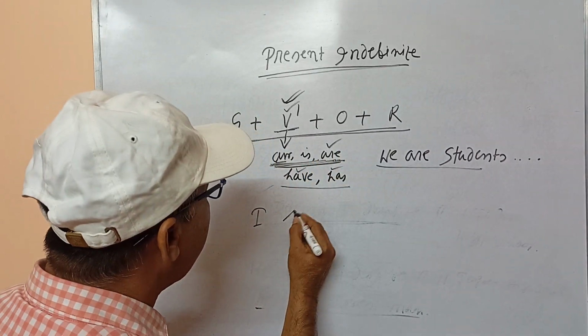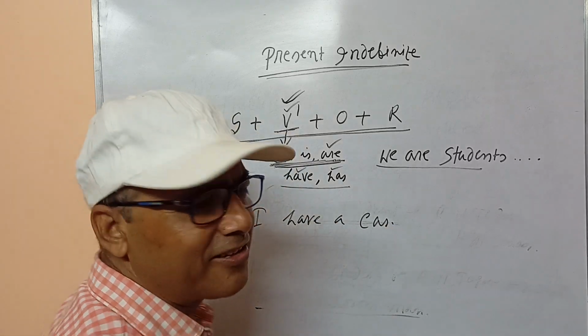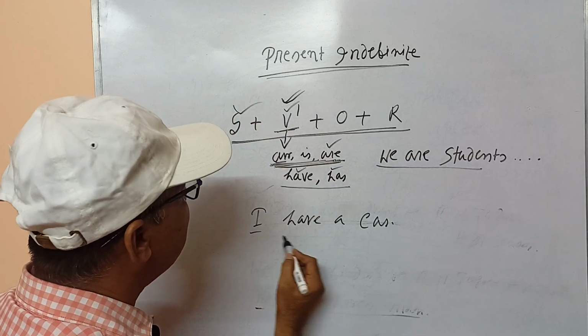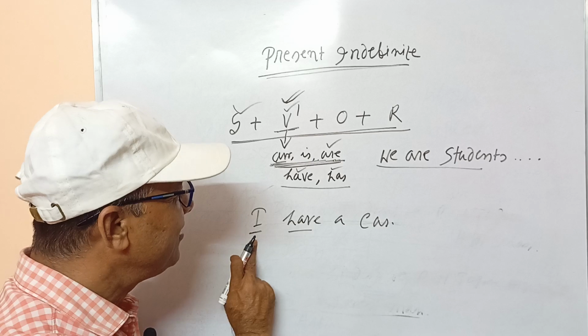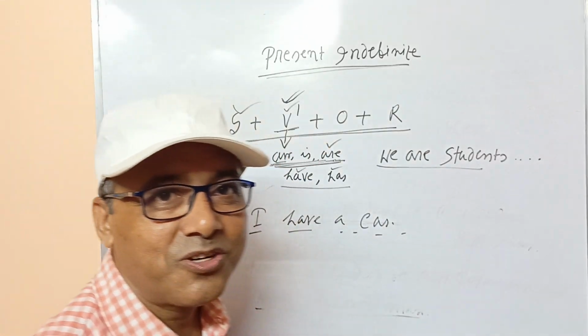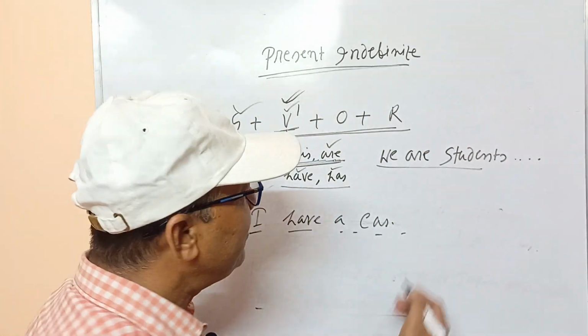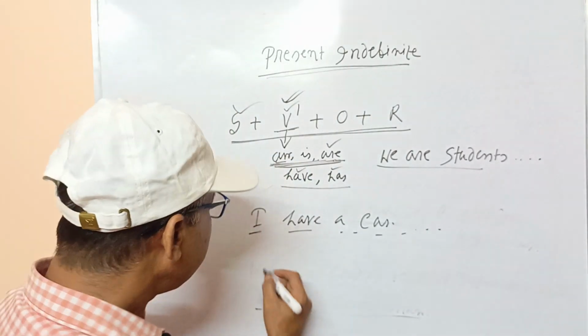I have a car. I have a car. See, subject I have used, and then have verb according to subject I have used have, and then other parts of the sentences I have used. So I have a car, and you can increase if you want.